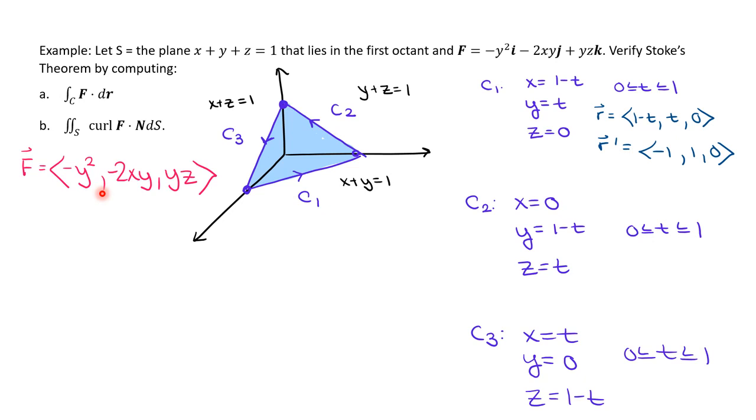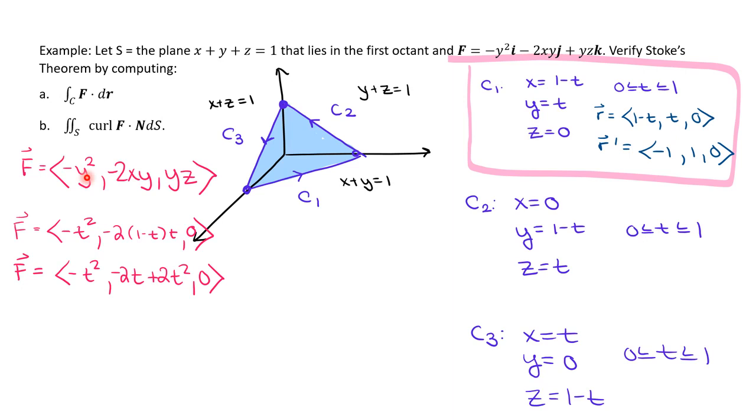So in vector form, C1 has x values of 1 minus t, y values of t, z values of 0. So that's my r. r prime, the derivative of this, would be negative 1, 1, 0. Okay, so there's my r prime.